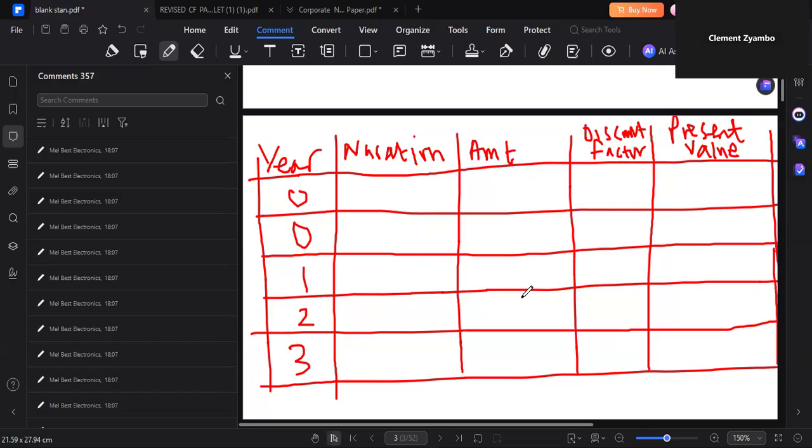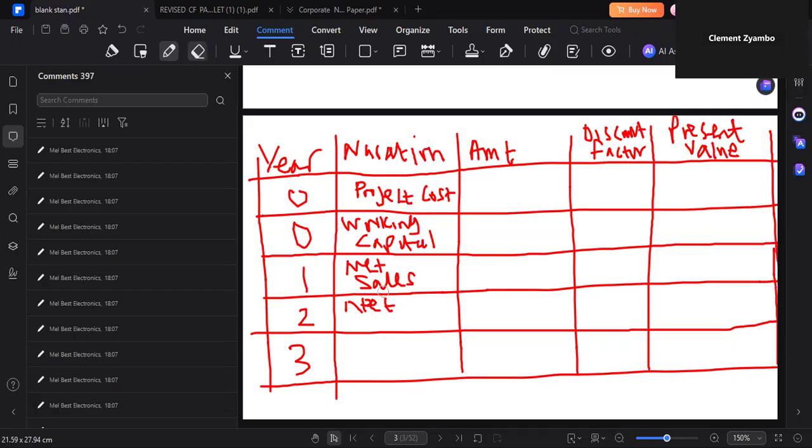Okay, so this is the project cost. Year 0, working capital, net sales, you have net sales. Here we have also net sales.